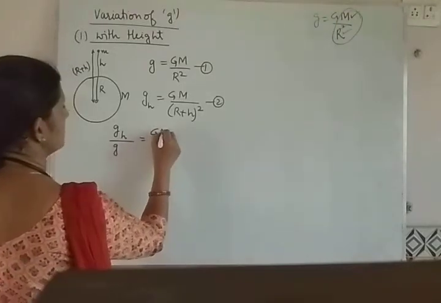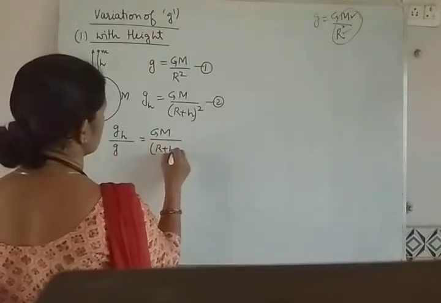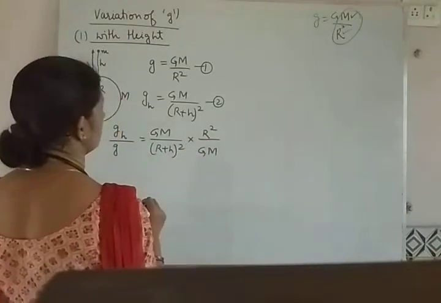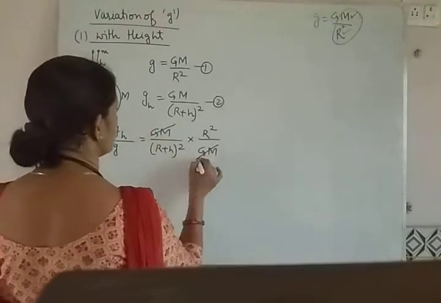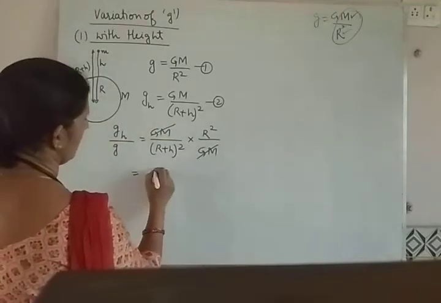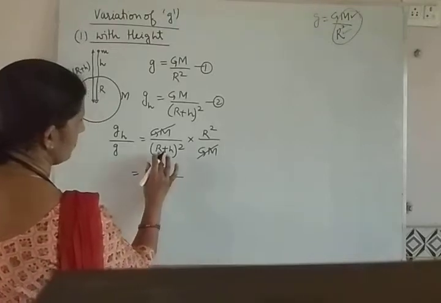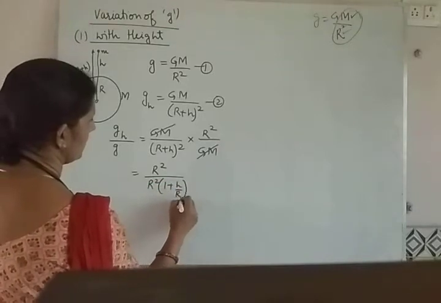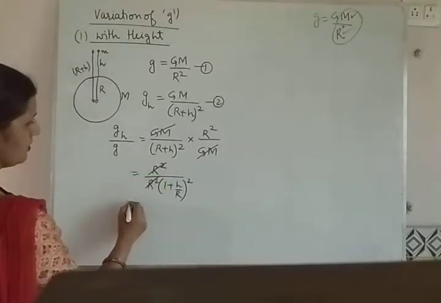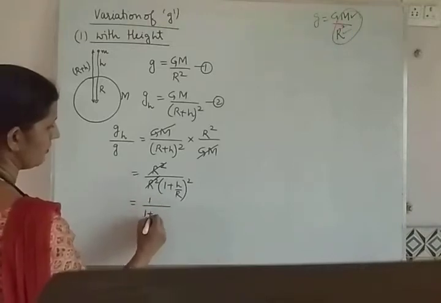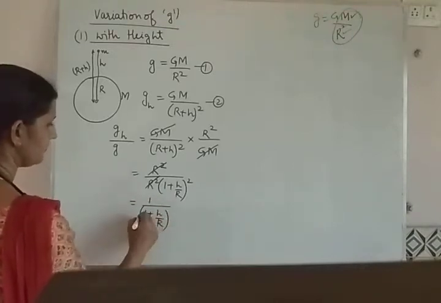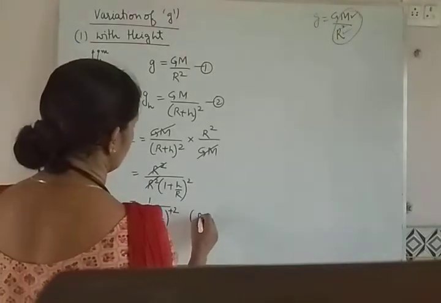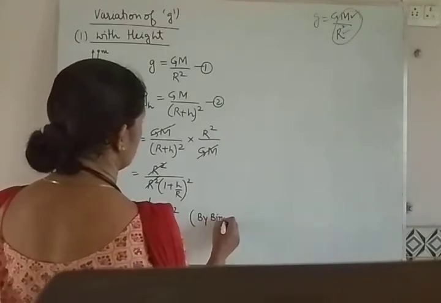This is equal to GM by (r plus h) whole square into r square by GM. This value will cancel out and you have the relation r square. Take r square common from here, 1 plus h by r whole square. This will cancel out, this is 1 by (1 plus h by r) whole square.